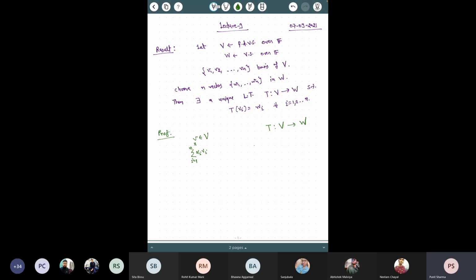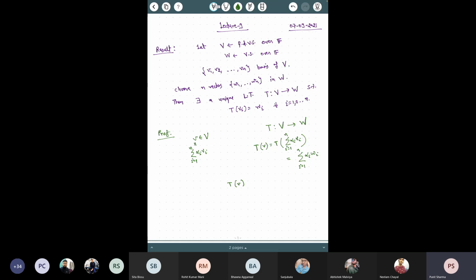So you take this v, which you can write as the sum of alpha_i Vi, because every vector can be written this way, and you send this vector to this element. So basically, what is the linear transformation?